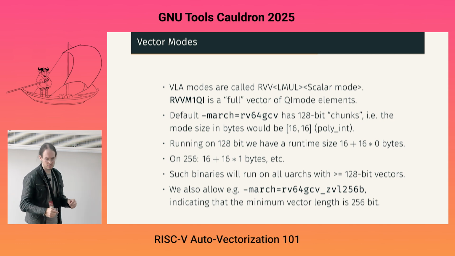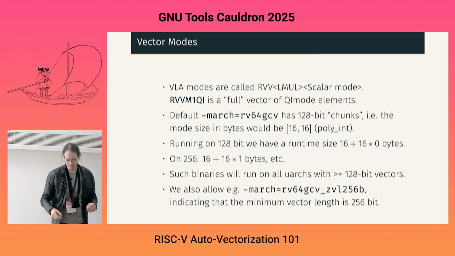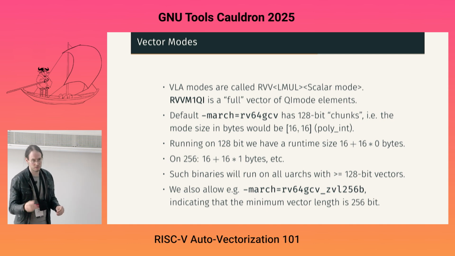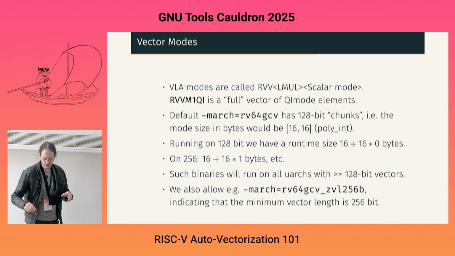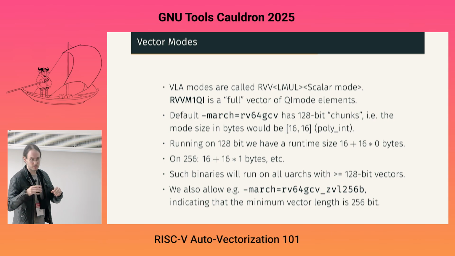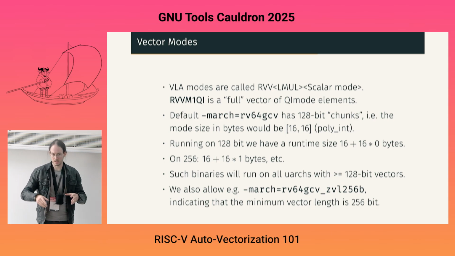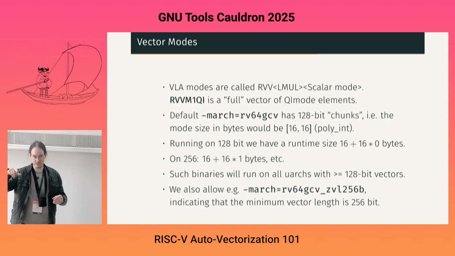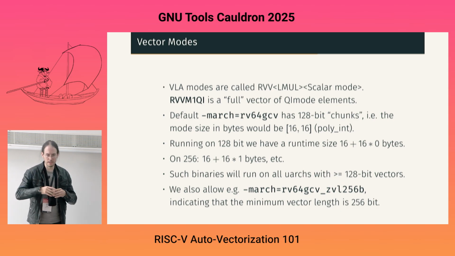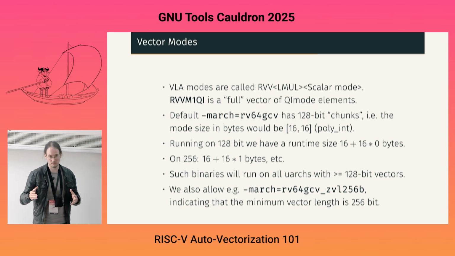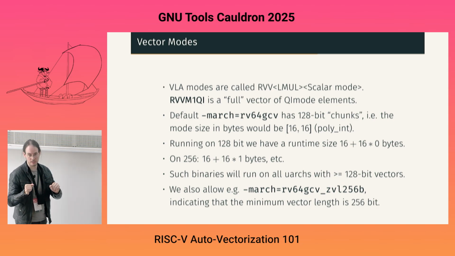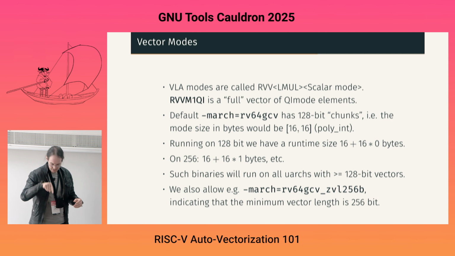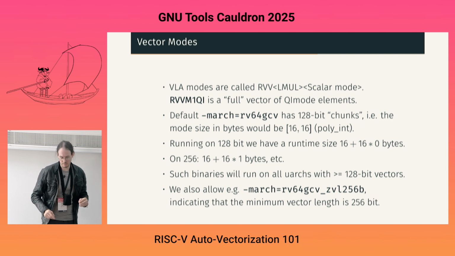And this is similar to AArch64, specified in a poly-int in all of the target independent passes, meaning we have one chunk on a 128-bit architecture. If we compile with the same option and run on a 256-bit, it's obviously double the size, but still the minimum length is 128. So this is what we can rely on, and we cannot rely for this option on 256.